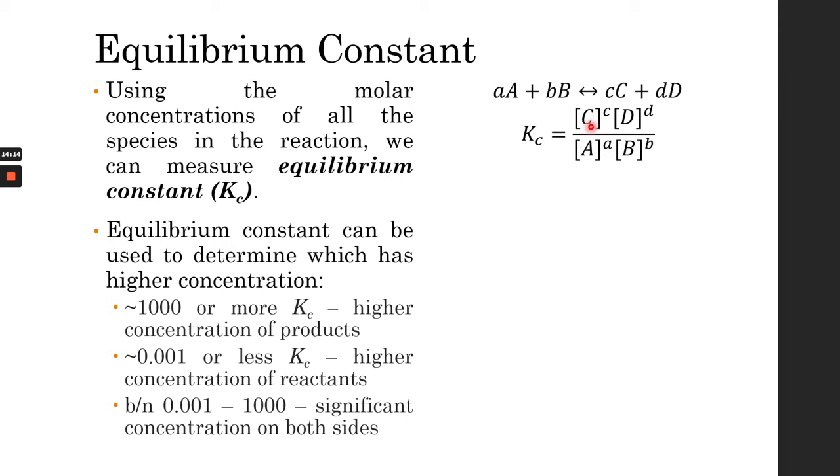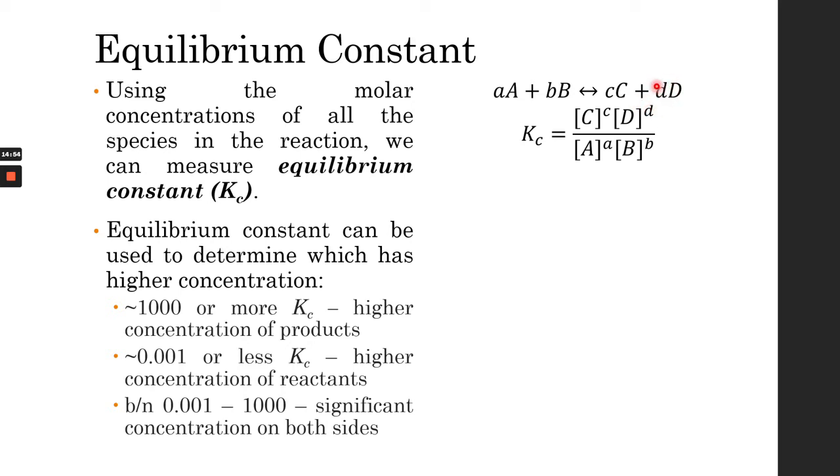What you want to do is take the concentration of your products and divide it by the concentrations of your reactants. We're using molar concentration, moles per liter. We take the molar concentration of each product, raised to the power of its coefficient, in the numerator.